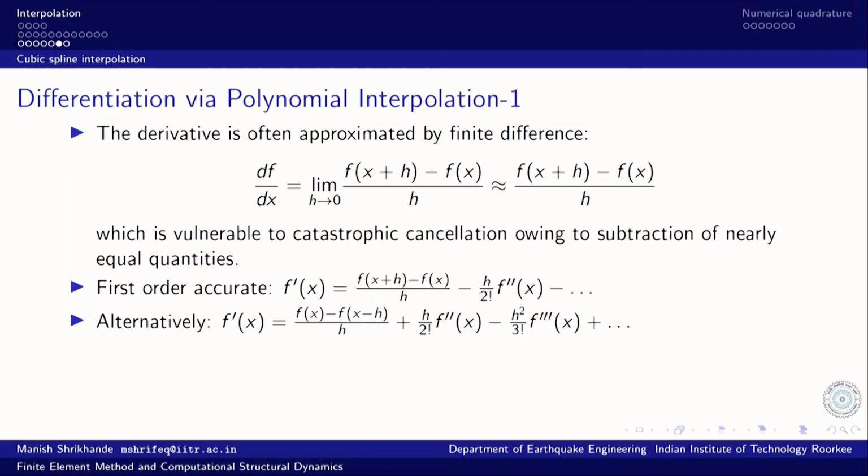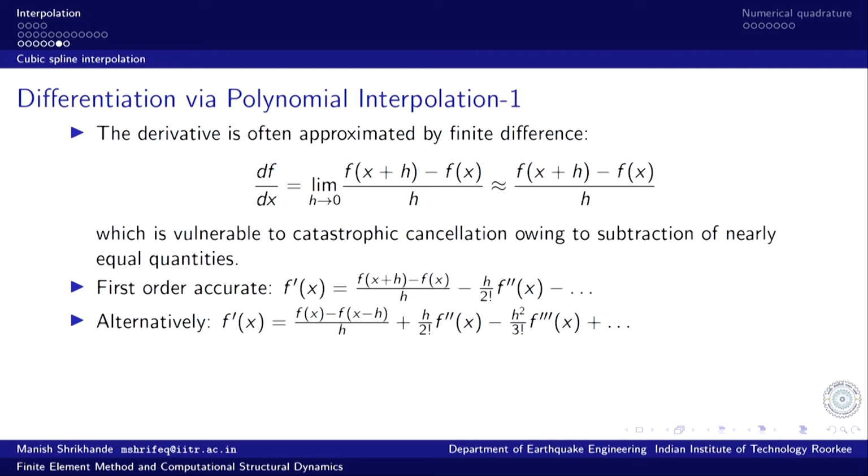The error term is proportional to the first power of the separation h, and we can actually work it out by backward difference. One is forward difference and the second expression is using backward difference, no change at all, nothing great.